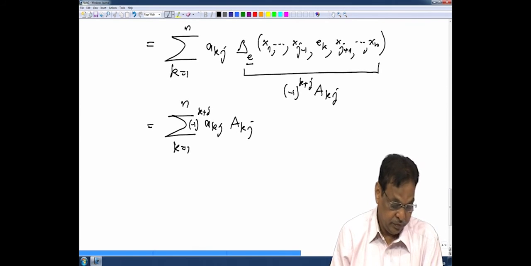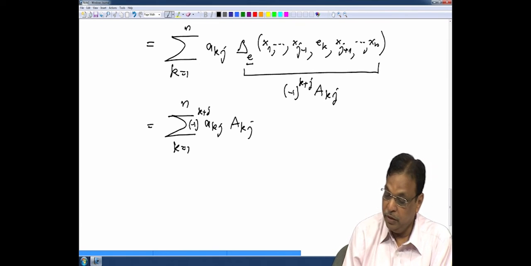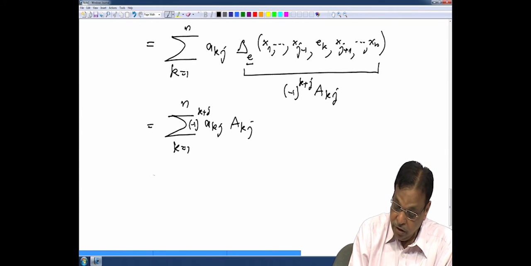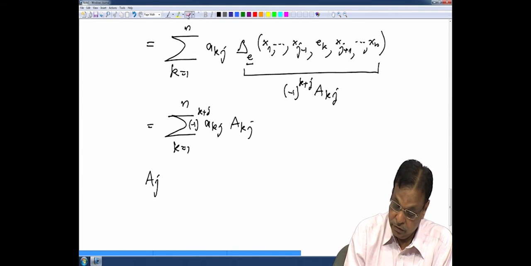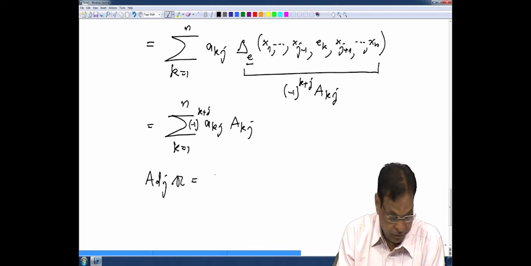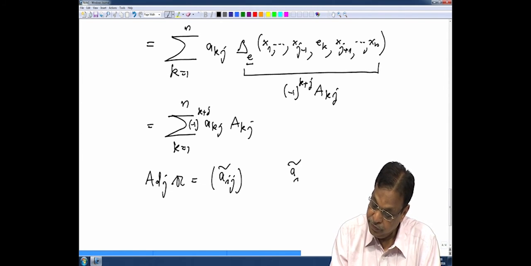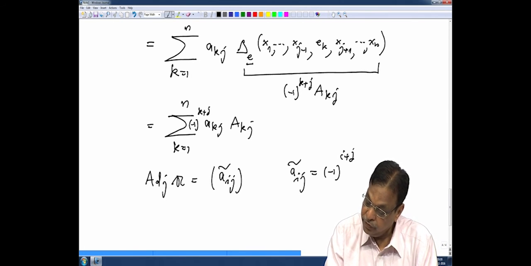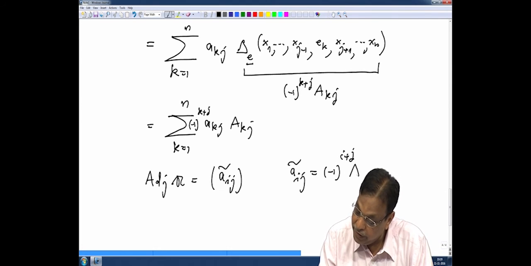Okay. So, now we come to the adjoint determinant formula. Remember we have defined the adjoint of A, ADJ. This is the transpose of the matrix with entries a_ij tilde, where a_ij tilde is minus 1 power i plus j, and not capital A_ij, but capital A_ji.